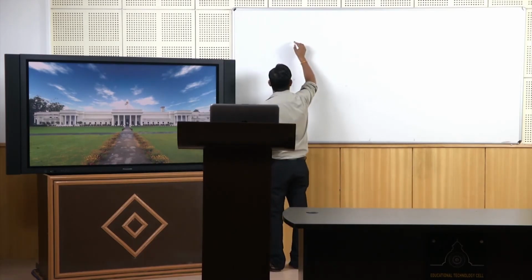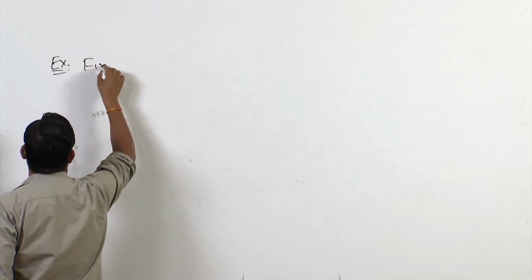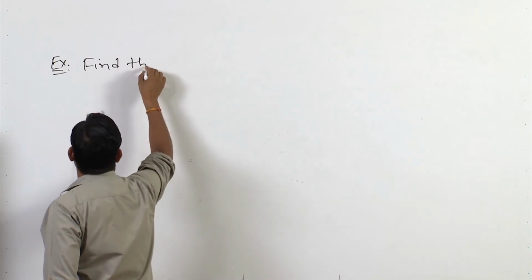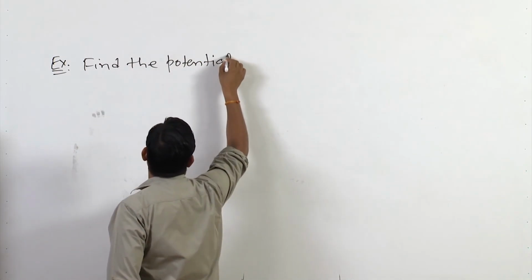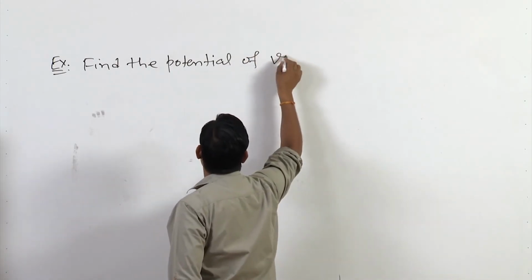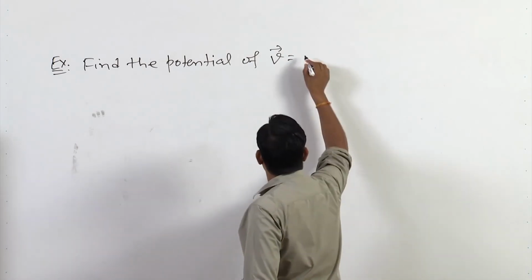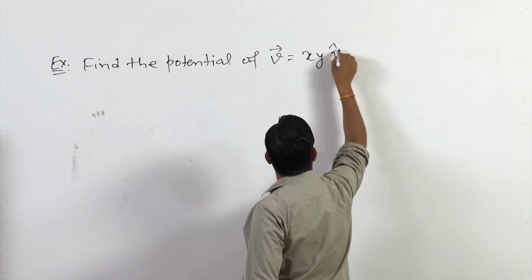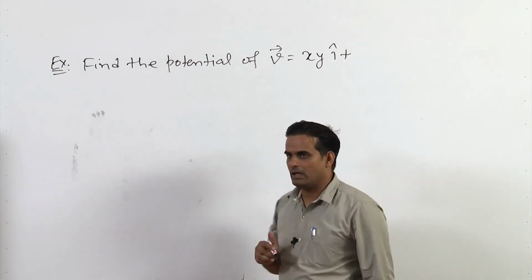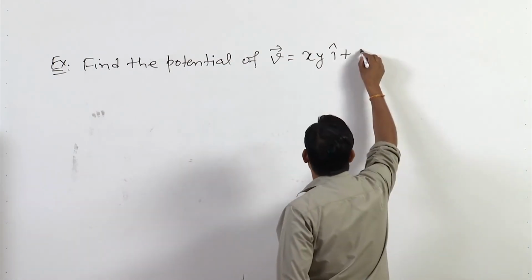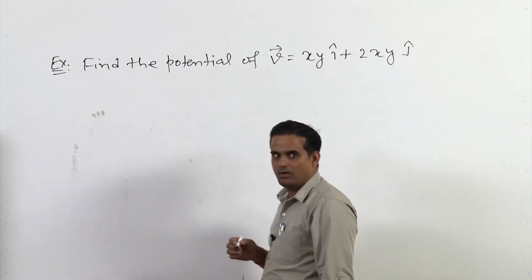So, find the potential function, or simply the potential, of vector function v equals xy as the component in the direction of i and 2xy as the component in the direction of j.